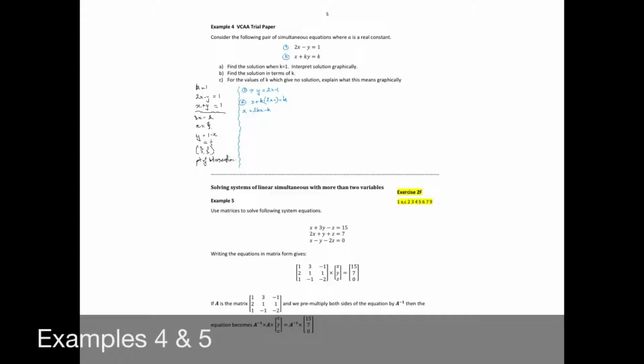Expand that bracket: x plus 2kx minus k equals k. Now I'm going to group my x terms together. Taking x out as a common factor, I get (1 plus 2k), and then taking that negative k across to the right-hand side, x equals 2k plus 1 on 2k. So there's my x value.